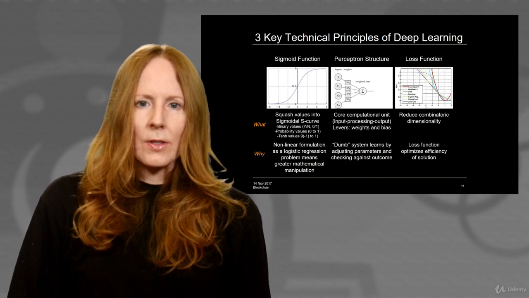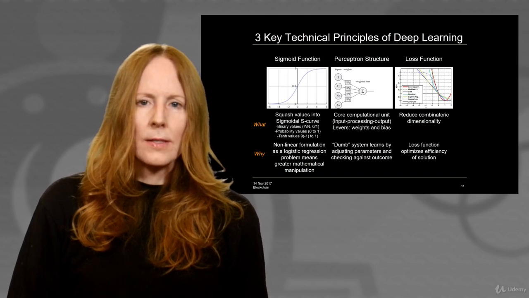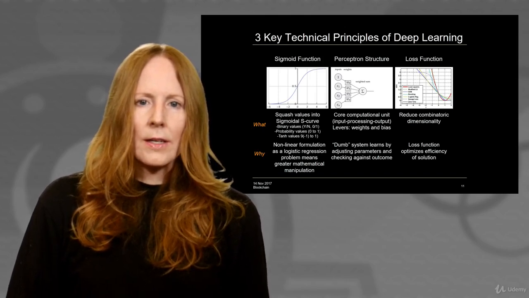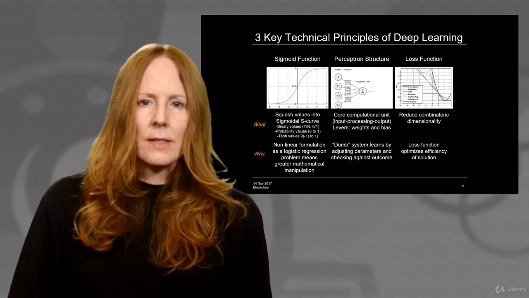The second principle is a perceptron structure. So this is a core computational unit, an input processing output unit that is used in the network with the levers of weights and biases to adjust what happens with that computing node.